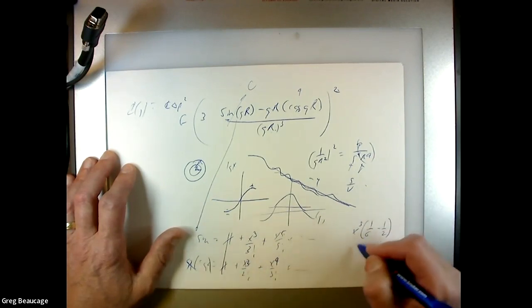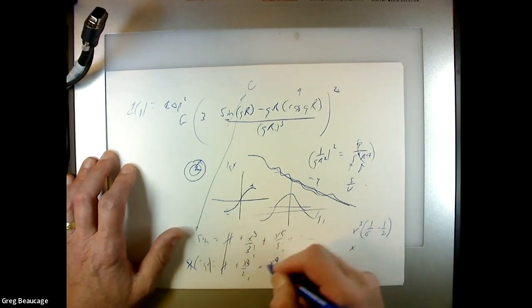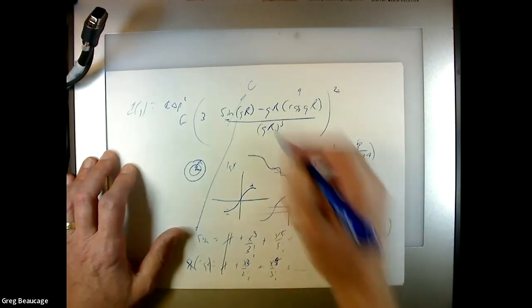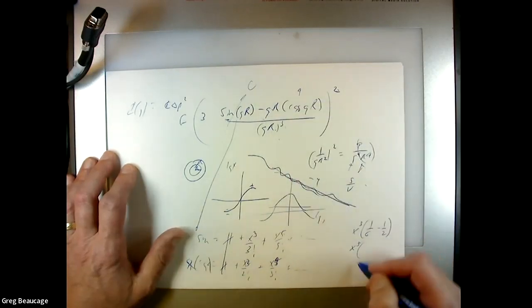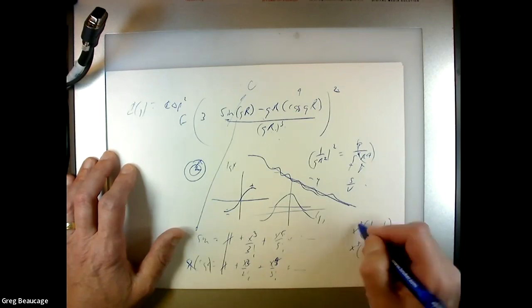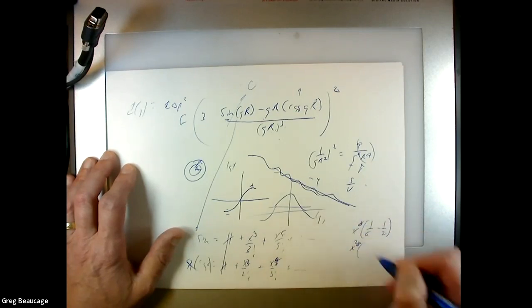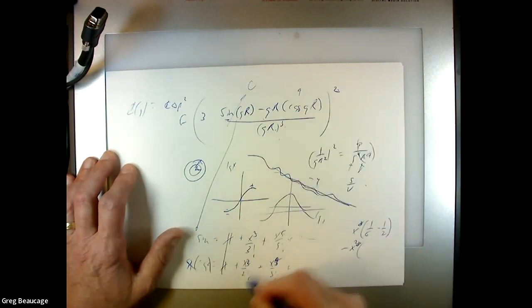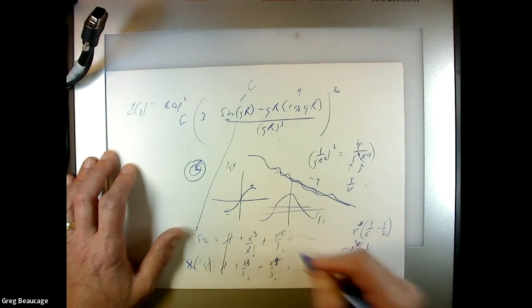And then this becomes x^5, because it's times x. And I'm dividing by x cubed, right? So this becomes x to the 1, and this is x to the 2. That's negative, and then it's over 5 factorial.